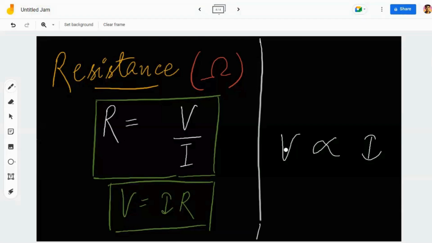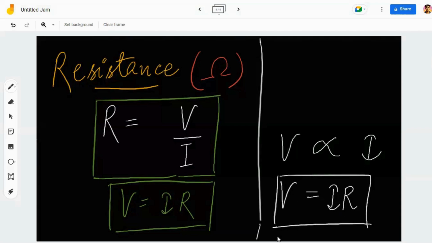If the potential difference drops, the current will also drop. Then you introduce a constant. Whenever you replace the sign of proportionality, you introduce a constant, and that constant is nothing but R. So R becomes your resistance.